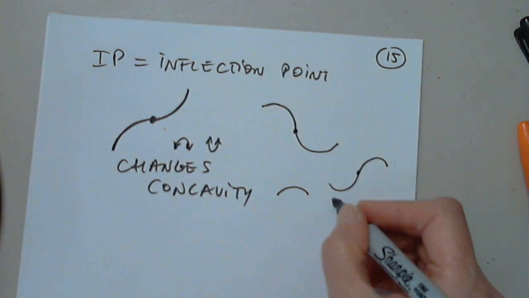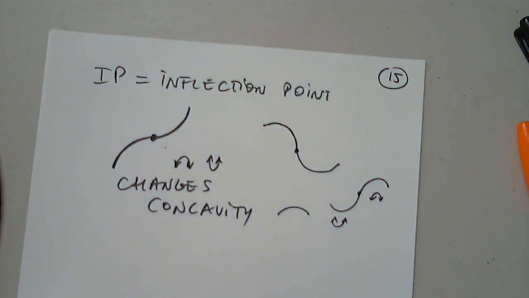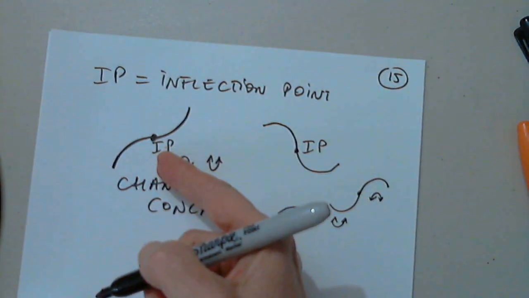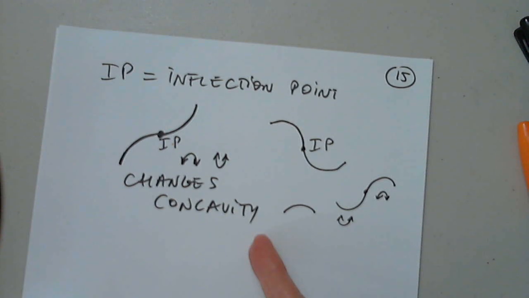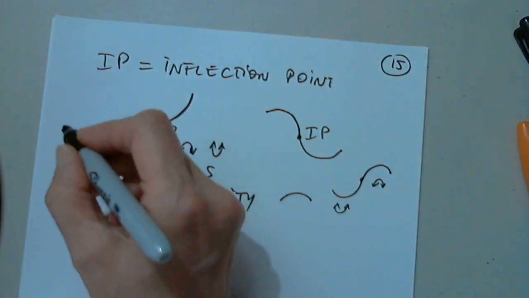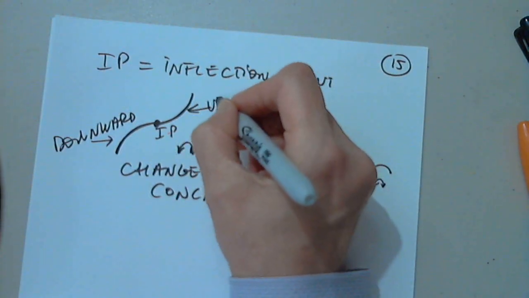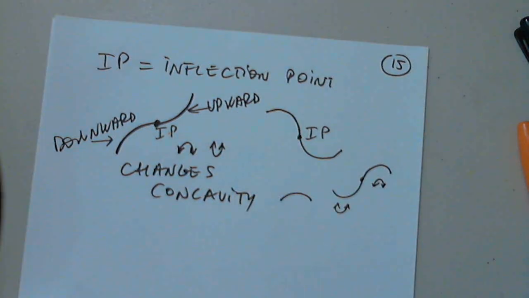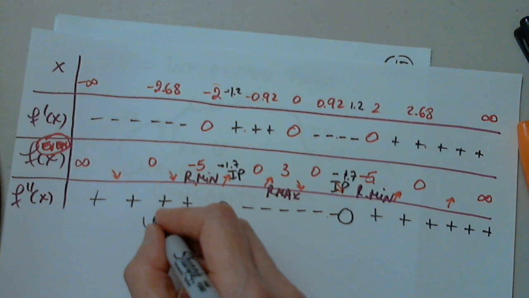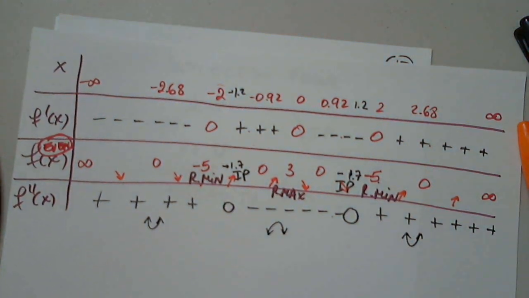In other words, we like to say it holds water, it does not hold water. This is the IP at that particular point where the function changes concavity. Opening downward, opening upward. Downward, upward. I'll put my sign in here, like I did with the arrows. Holds water, does not. Holds water, does not.